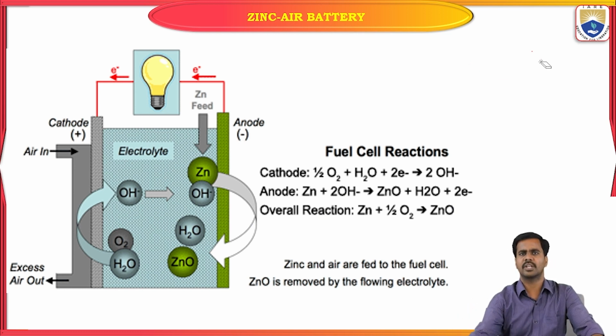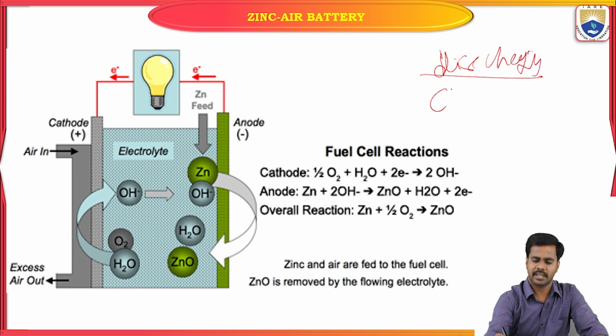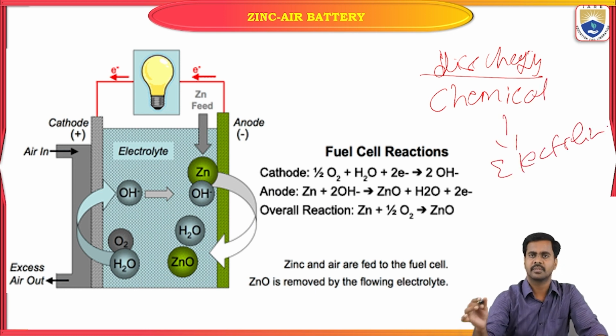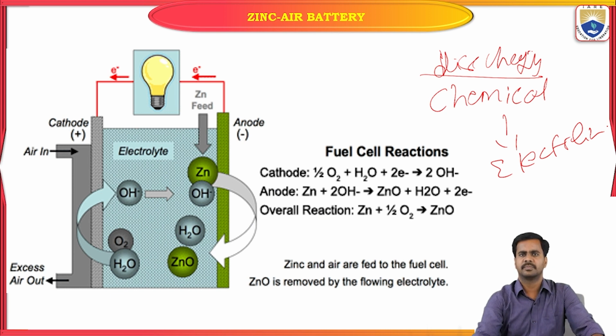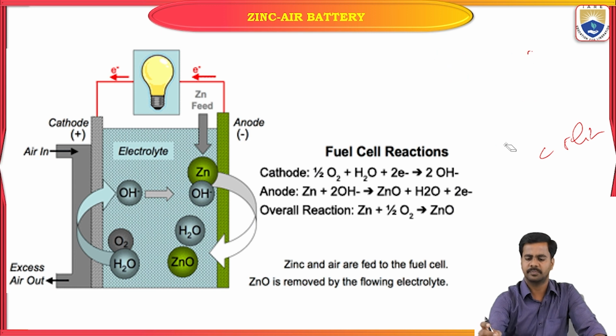Whereas coming to the secondary battery, through the discharging process, chemical energy is converted into electrical energy, and through the recharging process, electrical energy is converted into chemical energy.